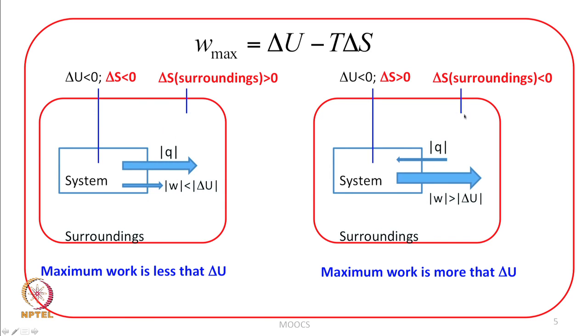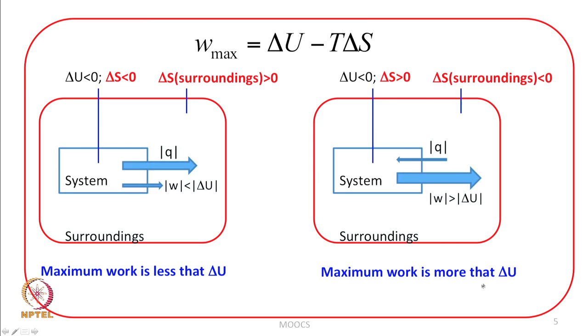However, in doing so, the entropy of surroundings will decrease, but as long as the entropy change in the system plus entropy change in the surroundings is positive, it is okay, the process can be spontaneous. That means, when delta S is positive, some of the heat can enter into the system and add up to doing work, so that the maximum work available from the system is now more than the change in internal energy.